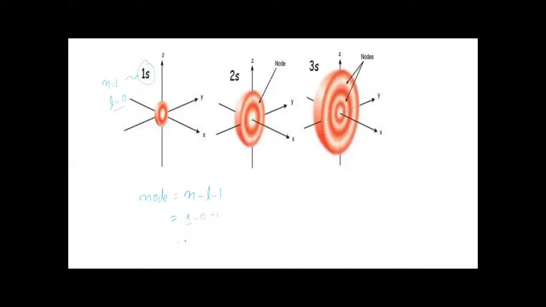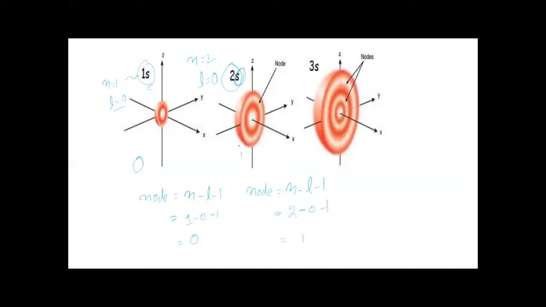So in 1s, the number of nodes is 0. For 2s, the value of n is 2, and the value of L is 0 because it belongs to the s subshell. So 2 minus 0 minus 1, the number of nodes is 1.